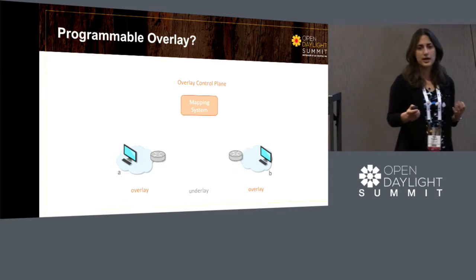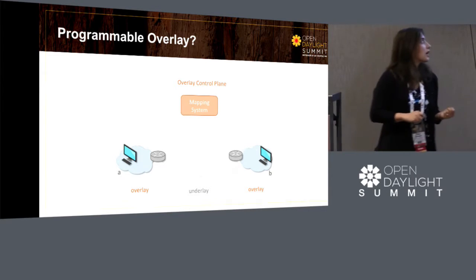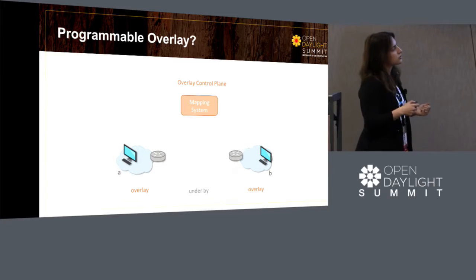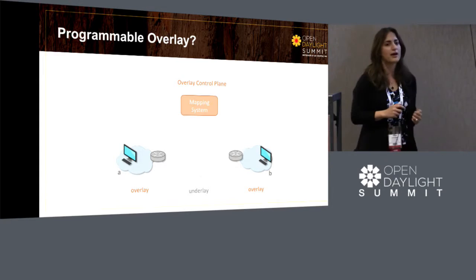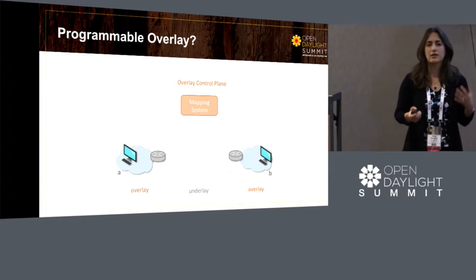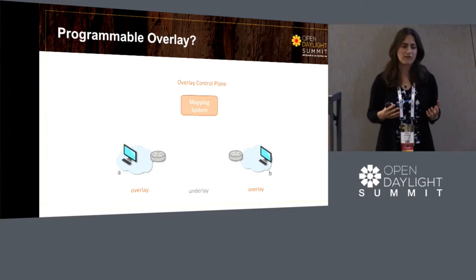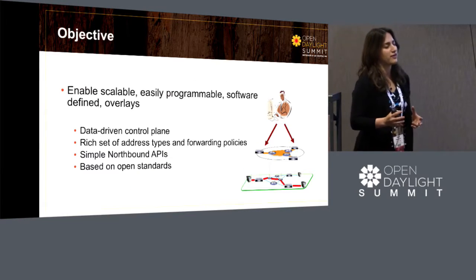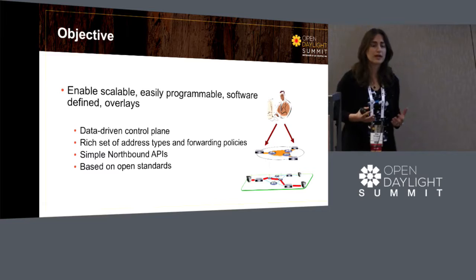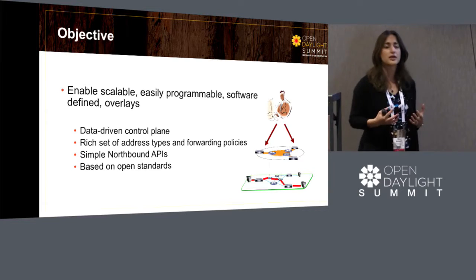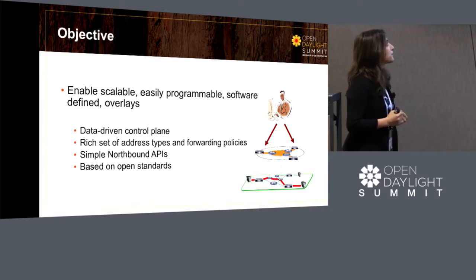And you want to build an overlay across these 2. In addition to that simple deployment scenario, we have a mapping system up there that stores the mappings in an on-demand fashion. And the reason for that is mostly to satisfy the scalability requirement.